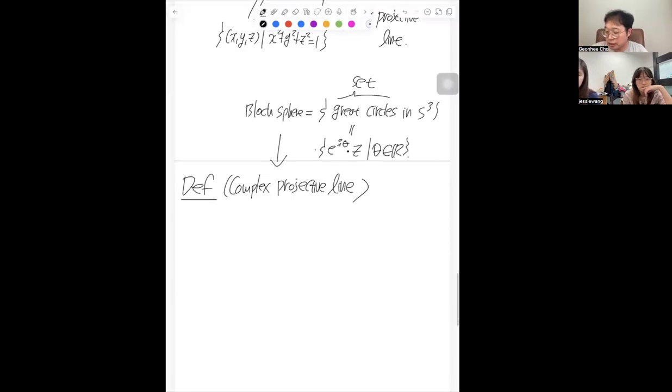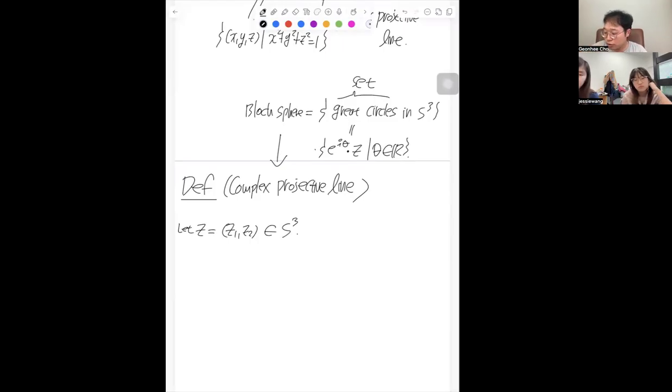All right. So now the definition is the following. Consider the following. Let z consist of z1, z2 in S3. Is that okay with you?